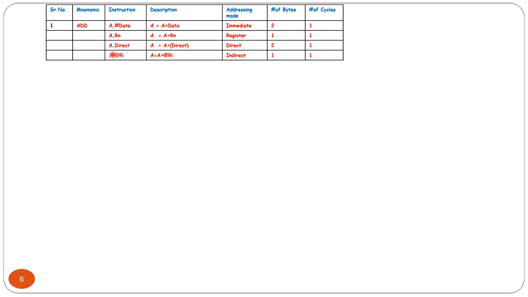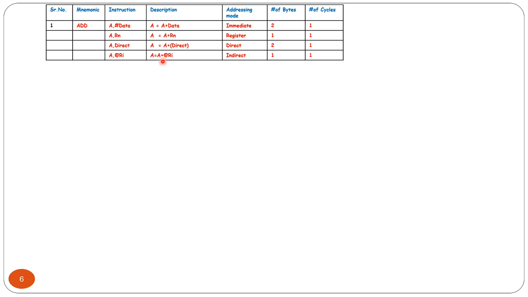ADD A, @Ri. This @Ri indicates the address. This Ri register gives the address of memory indirectly, and from that address the content is added to the accumulator, and the result is stored in the accumulator. So A equals A plus @Ri, the content of random access memory indirectly pointed by register Ri, meaning R0 or R1.